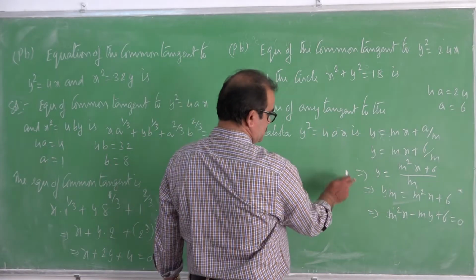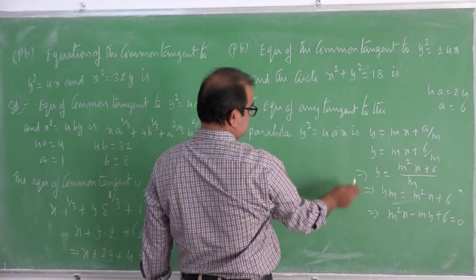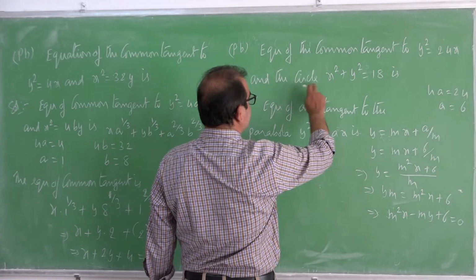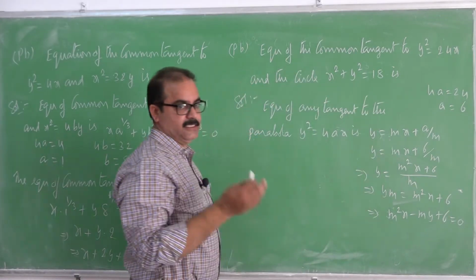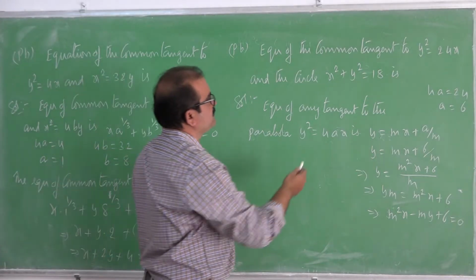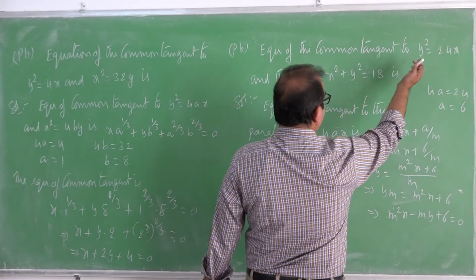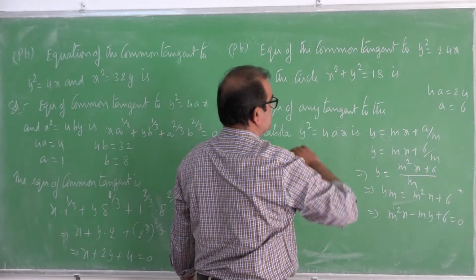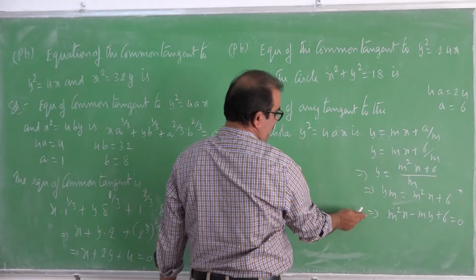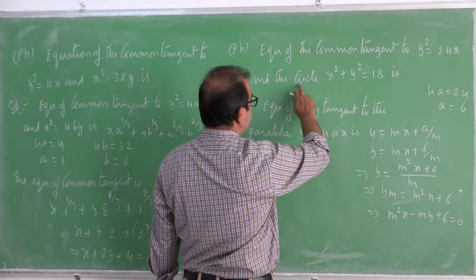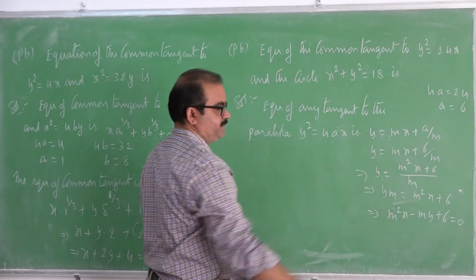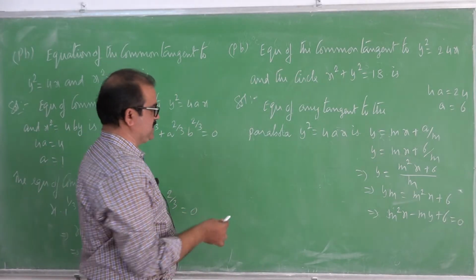Now this line is also a tangent to the circle. Here we want to find equation of common tangent to parabola and circle. This is the tangent to parabola.